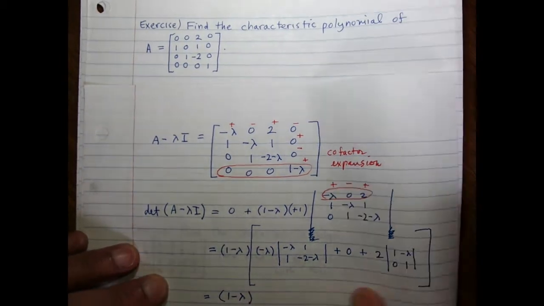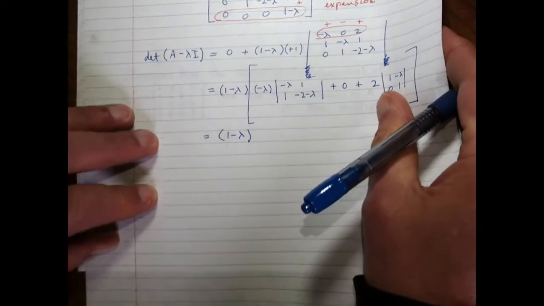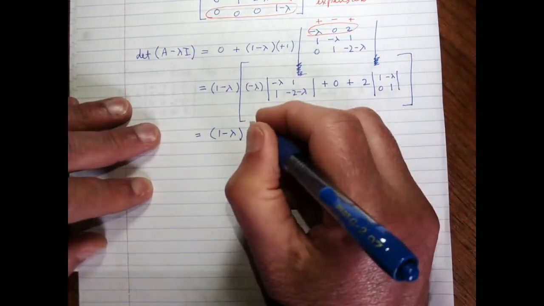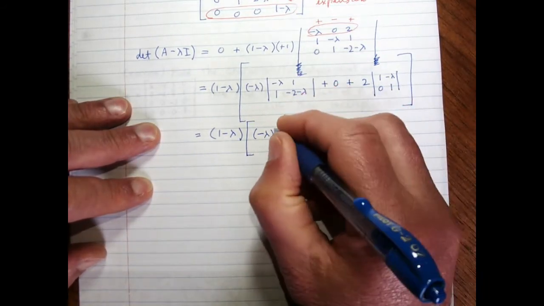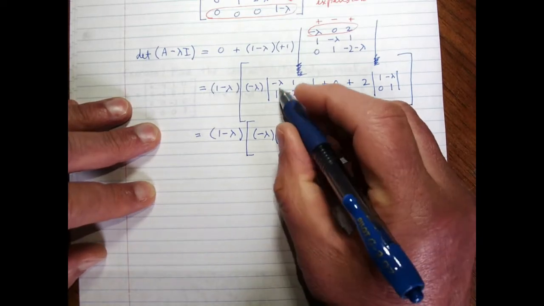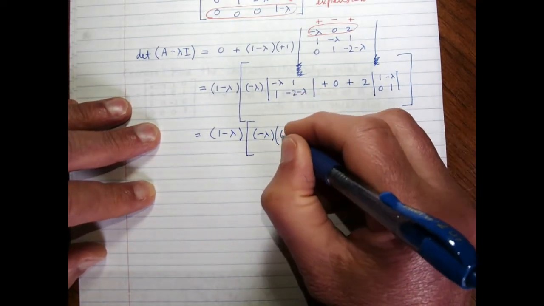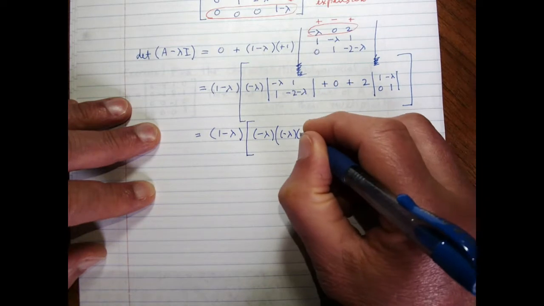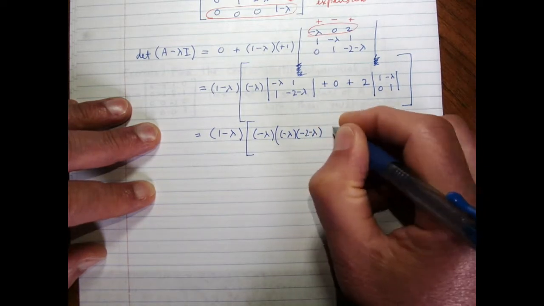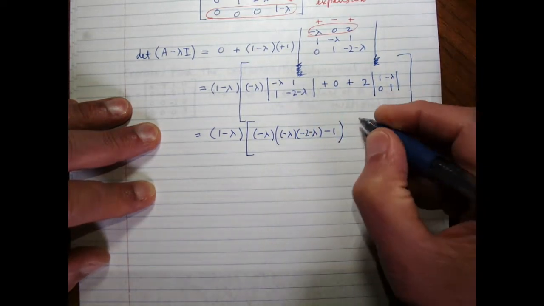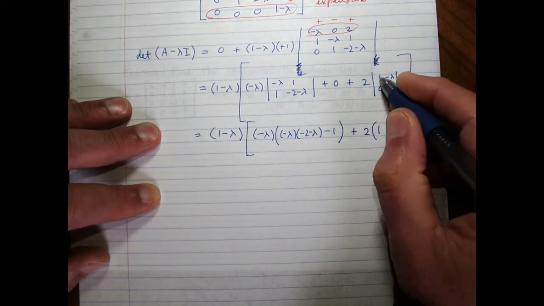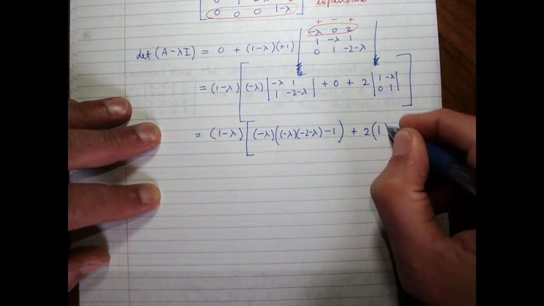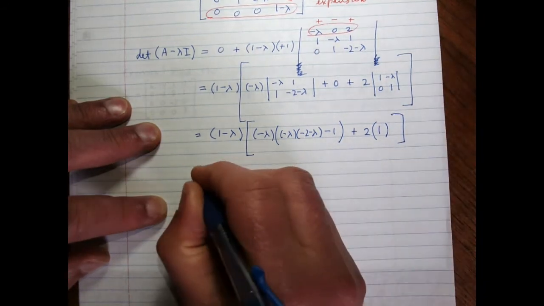So just a bit of an algebraic mess here that we've got to work with. Okay, so I got minus lambda times minus 2 minus lambda minus 1 plus 2 times, this is going to be 1 minus 0, I think, just plus 2.